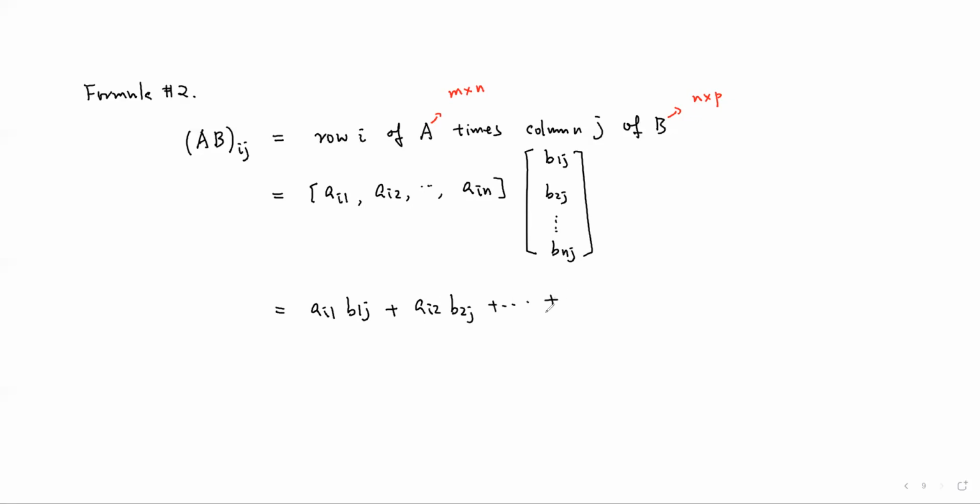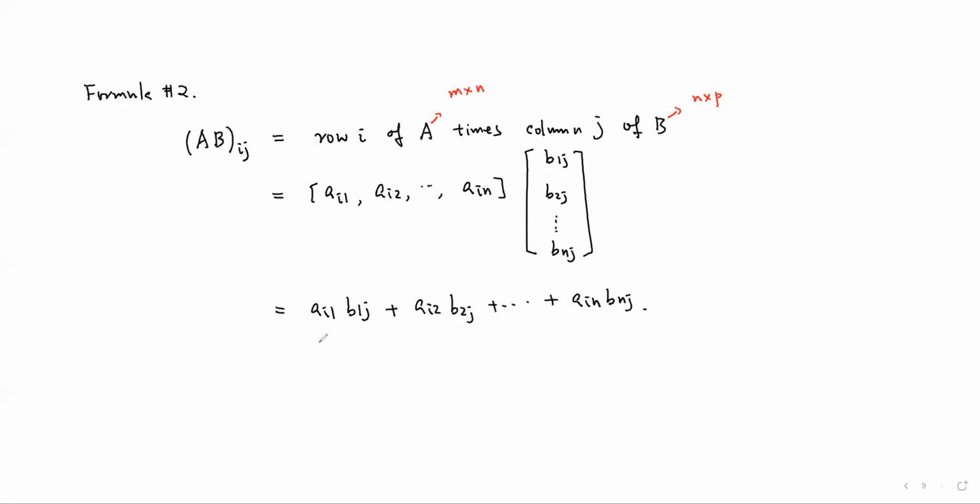Make a sum of the products, up to AIN times BNJ. That is the second formula to compute a matrix times a matrix.